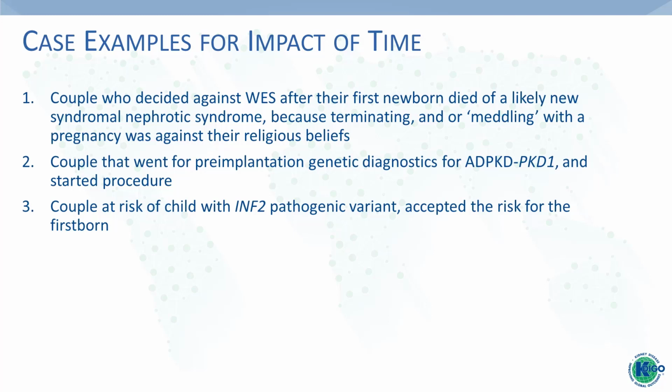But when it came to going for a second child, his kidney disease had progressed and he was going towards transplantation, and seeing that, having the life event of what the kidney disease does to you, made them choose for a PGT trajectory for their second child.